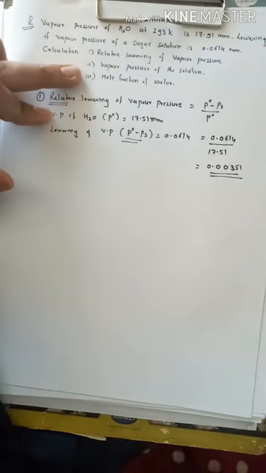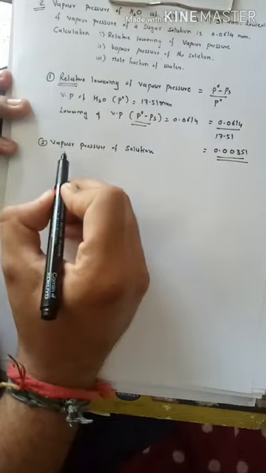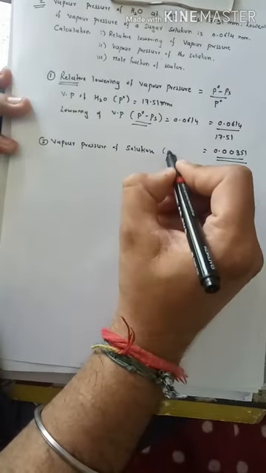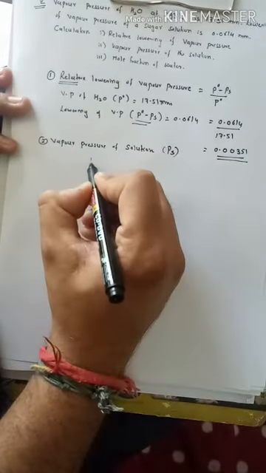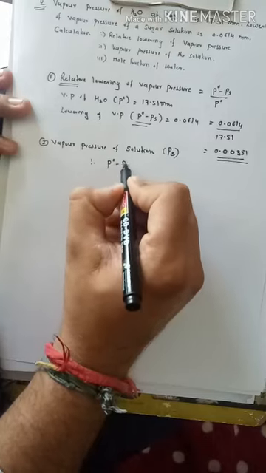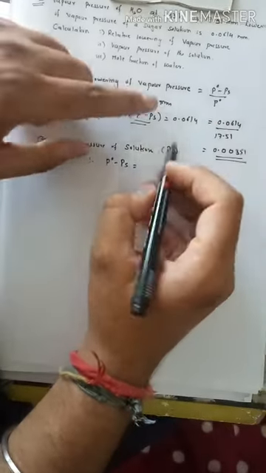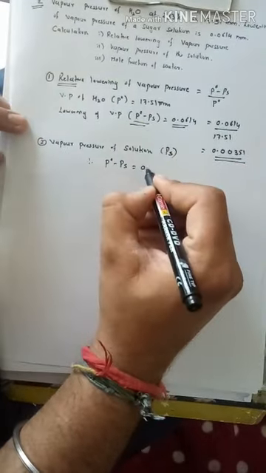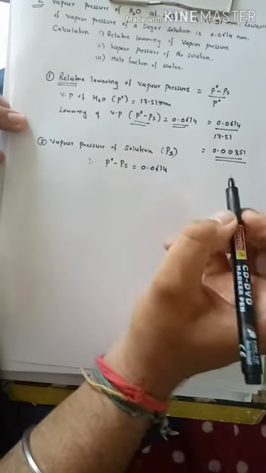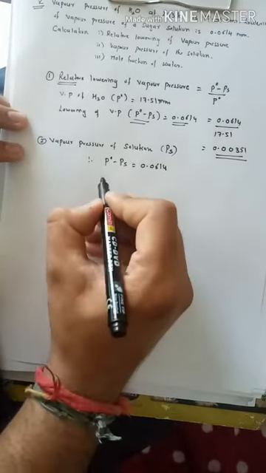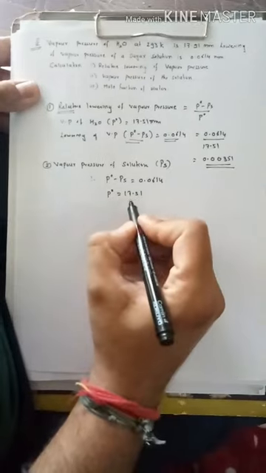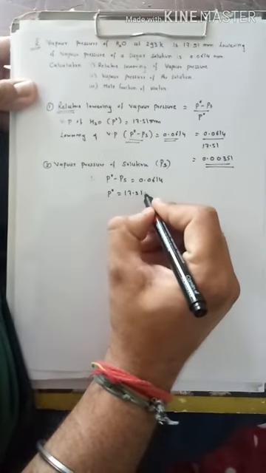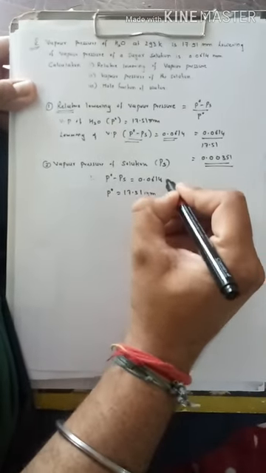Now moving ahead to the vapor pressure of the solution. The vapor pressure of the solution is denoted by Ps. Therefore, from the equation, P naught minus Ps is equal to 0.0614, correct? And P naught is given as 17.51 mm.